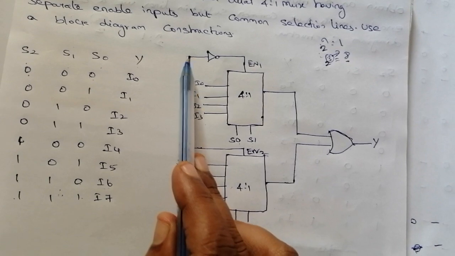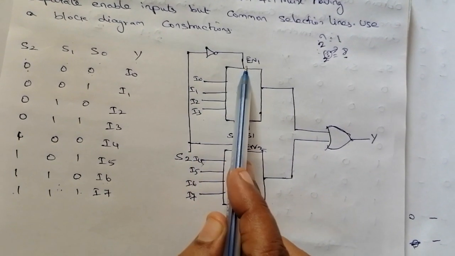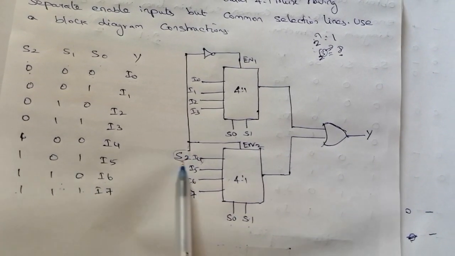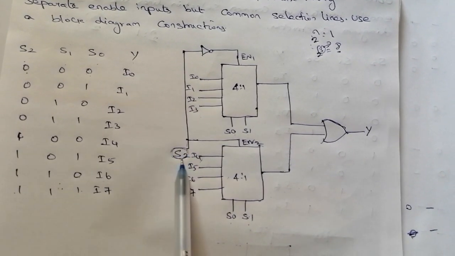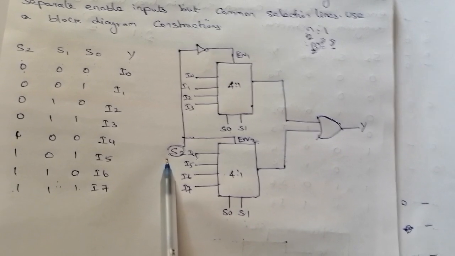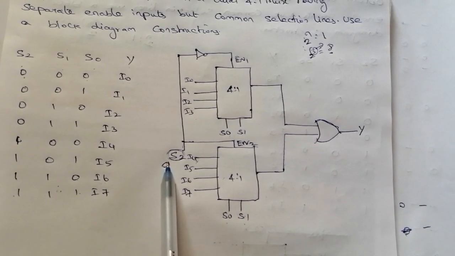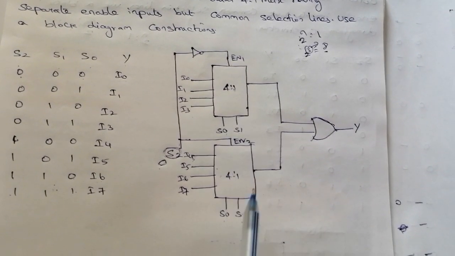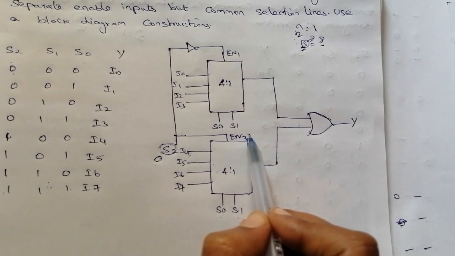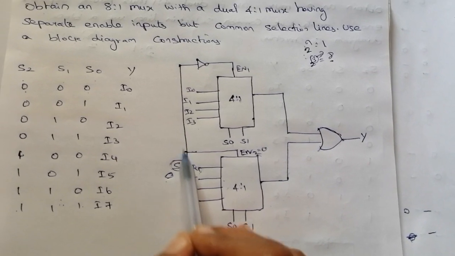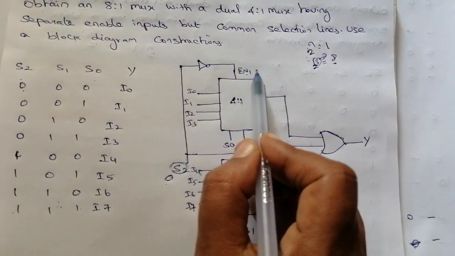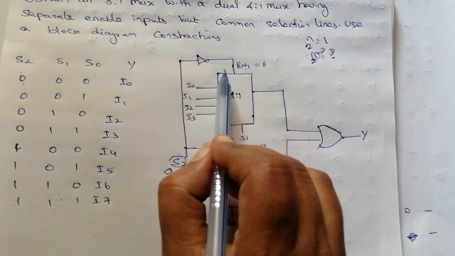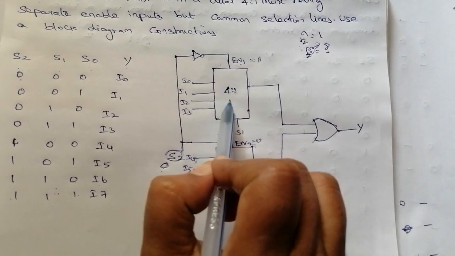Here one inverter is added with enable input 1. This enable input is considered as S2, right? If S2 is 0, then what happens? Which mux will be enabled? If S2 equals 0, then enable input 2 is 0, and this 0 is given to enable input 1 through the inverter, so it becomes 1. So the enable input is active and only this particular mux is enabled.